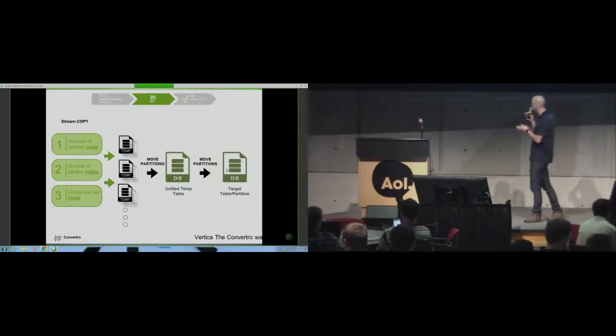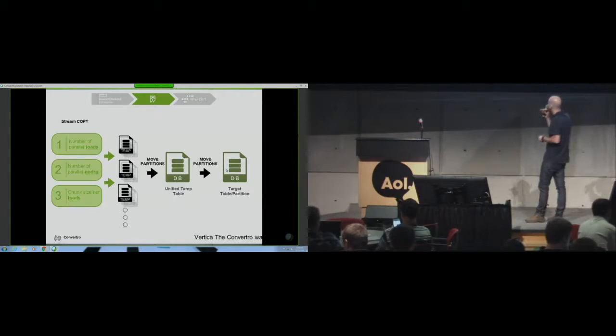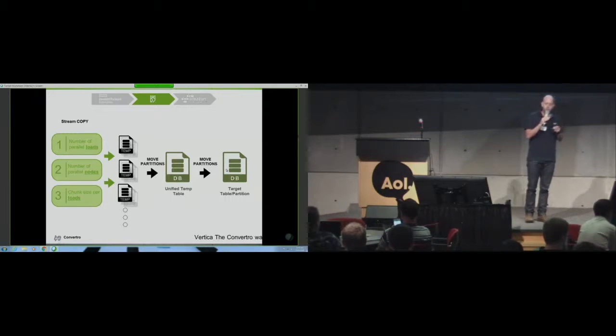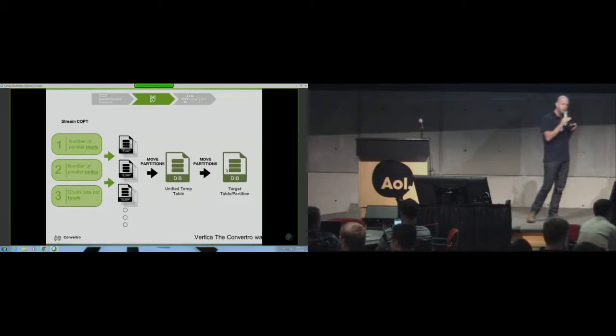So if you see on the left side of the slide, we can control how many parallel copies will be on the entire cluster. We can even drill down into one node and control how many copies will be on each node.